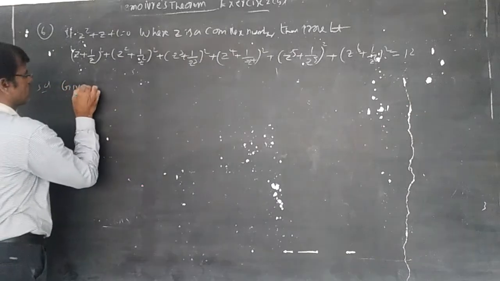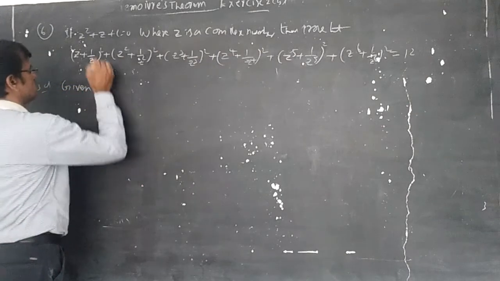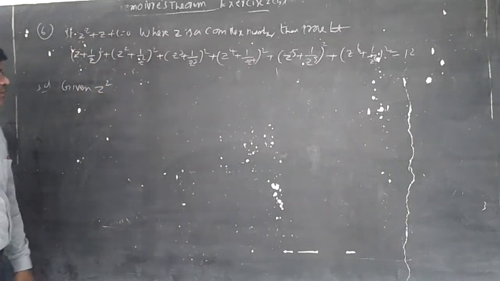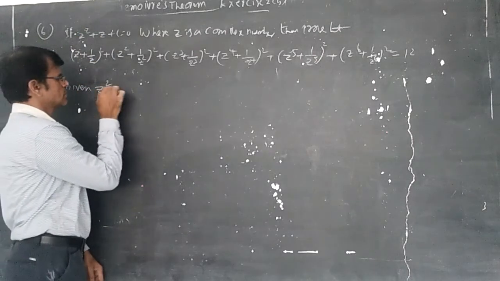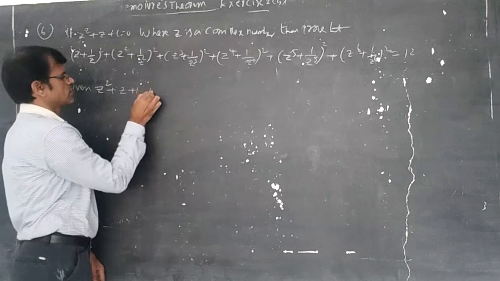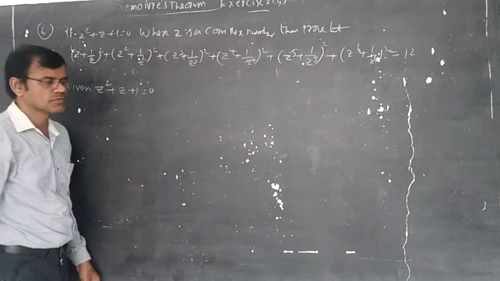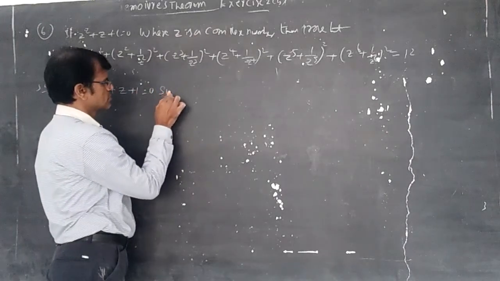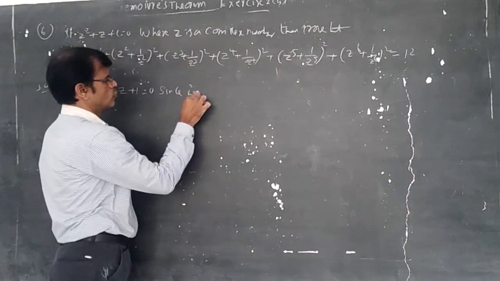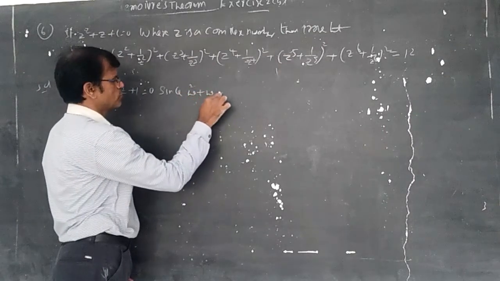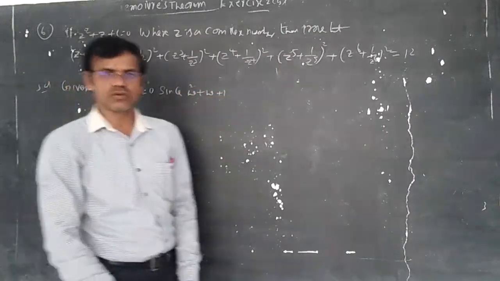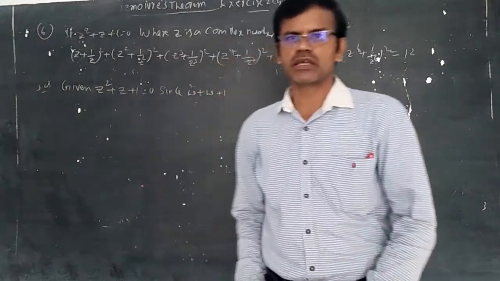Given z square plus z plus 1 equal to 0. Since omega square plus omega plus 1 equal to 0, this is a quadratic equation.